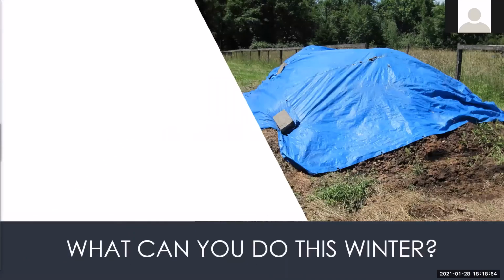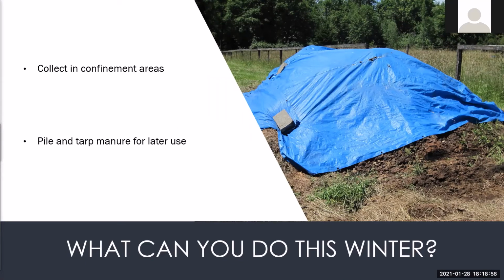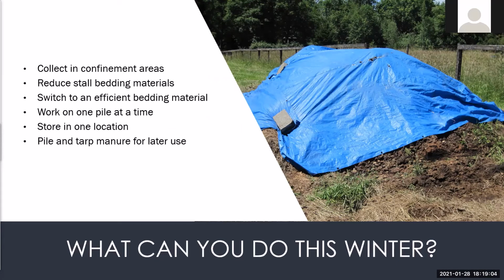So in terms of what you can do right now, collecting in confinement areas, reducing stall bedding materials can decrease the volume of your manure pile if that works for you in your system, if you have inside areas.